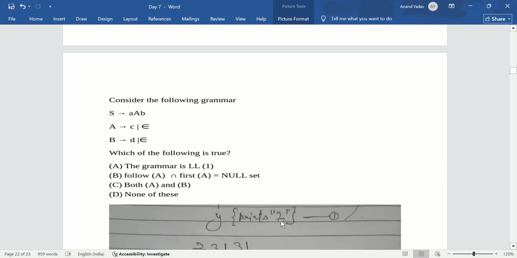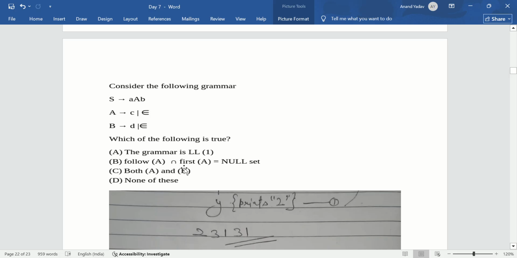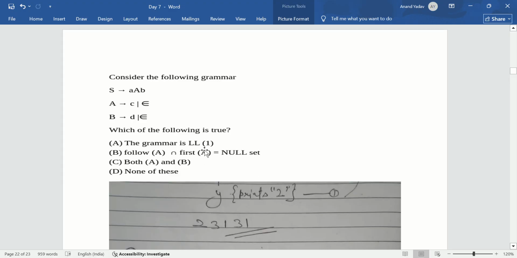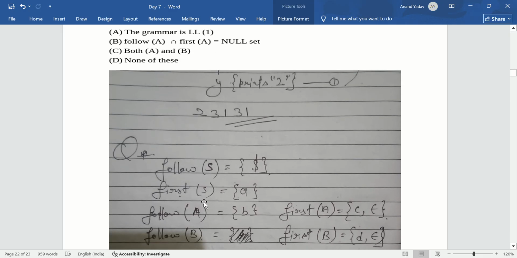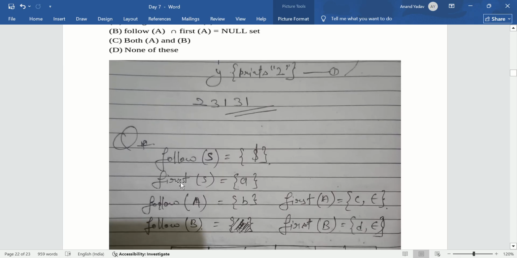Now the next one: consider the following grammar. Which of the following is true? The grammar is LL1; follow of A intersection first of A is equal to the null set. For LL1, we will first calculate first and follow of these non-terminal elements.